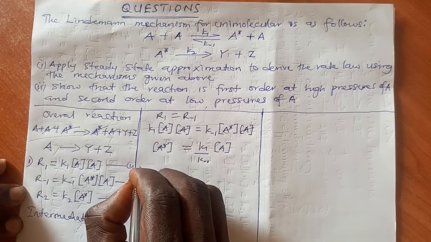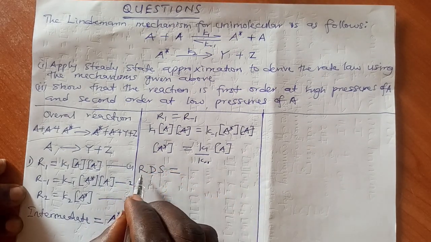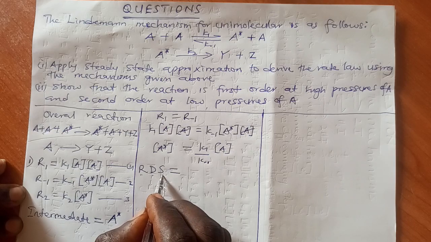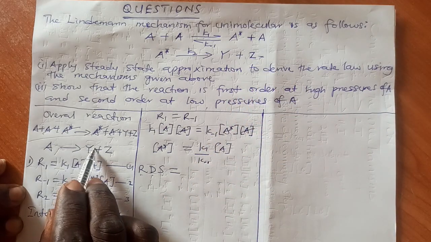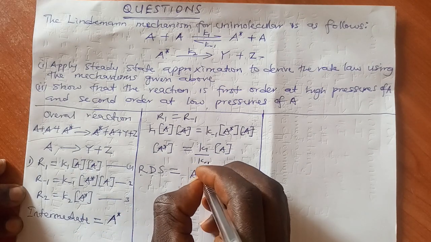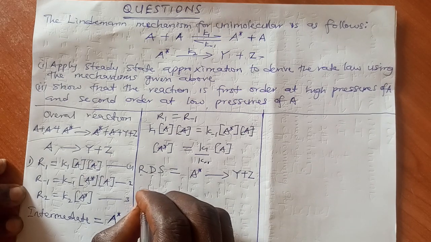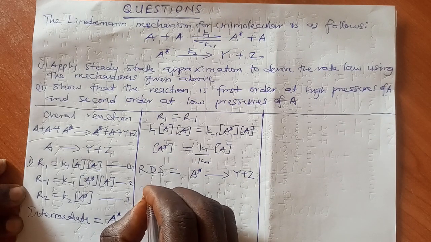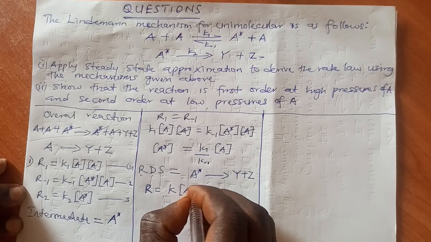What is the next thing? My rate determining step, RDS, is this: A star to give me Y plus Z. So my rate determining equation will be K A star.